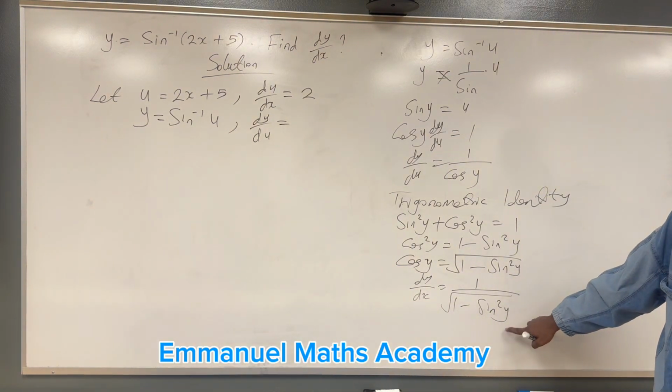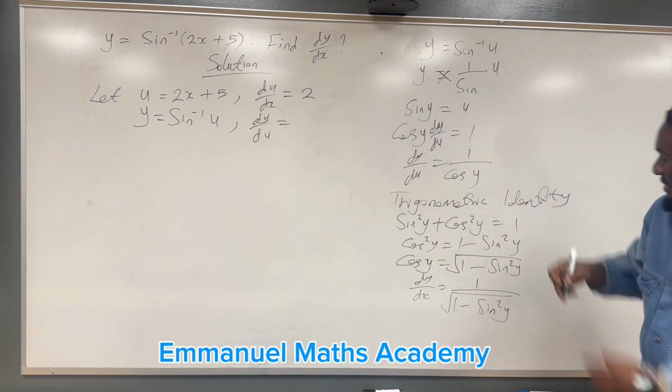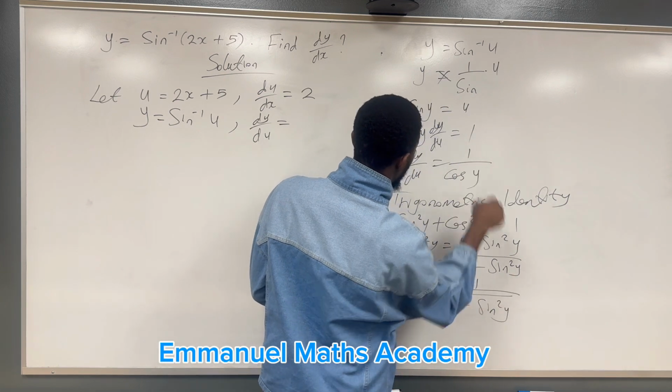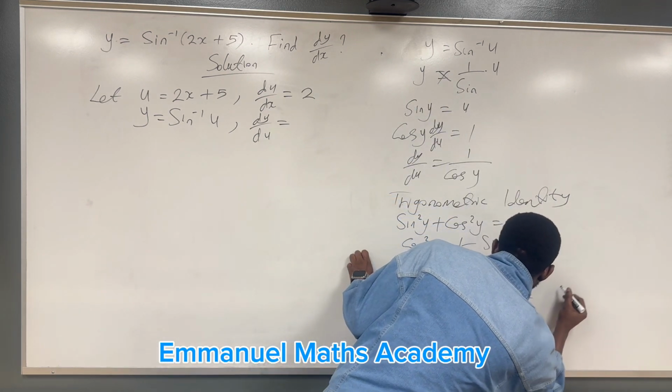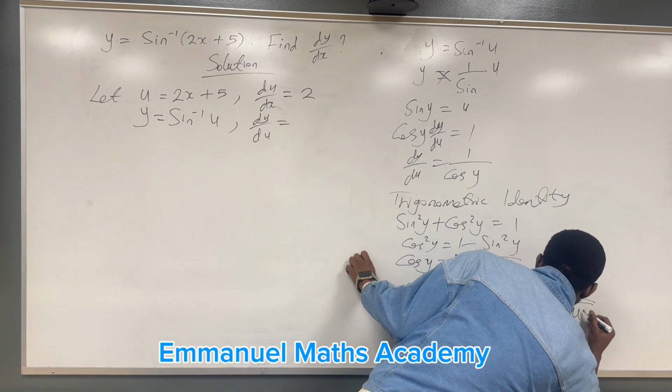Now recall that sine y is u. So if sine y is u, that means sine square y will be u squared. This is equal to 1 over square root of 1 minus u squared.